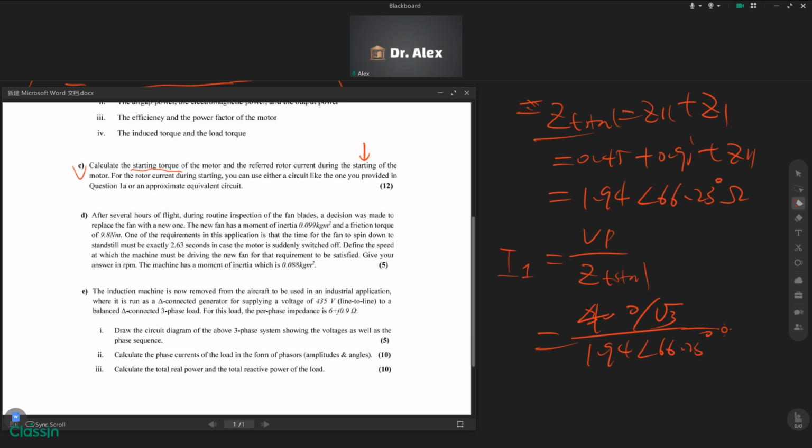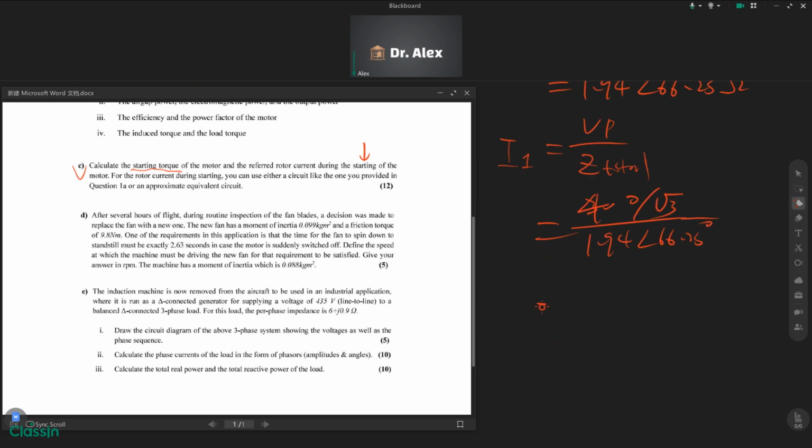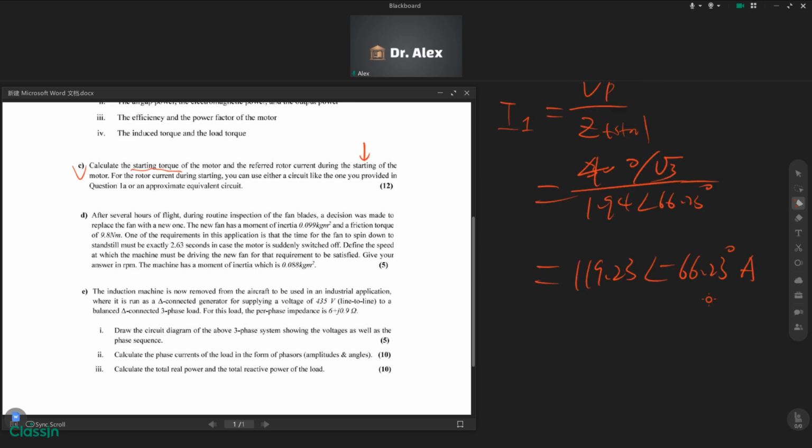Finally we can get the new value of the entire current in the circuit, which is 119.23 at minus 23 degrees ampere.